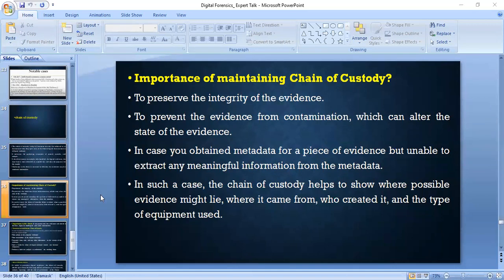In case of obtaining metadata, you might use the Autopsy tool or the ProDiscover tool. You create the clone of your original data and work with that clone data. In such a case, the chain of custody helps to show where possible evidences might lie, where it came from, who created it, and the type of equipment used for the creation of that evidence. These are some of the important points we should remember when we follow the chain of custody. Next.